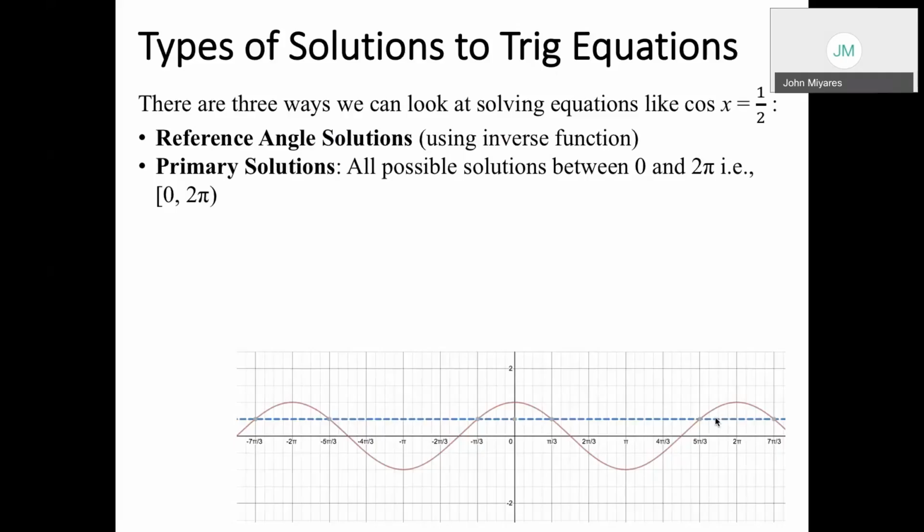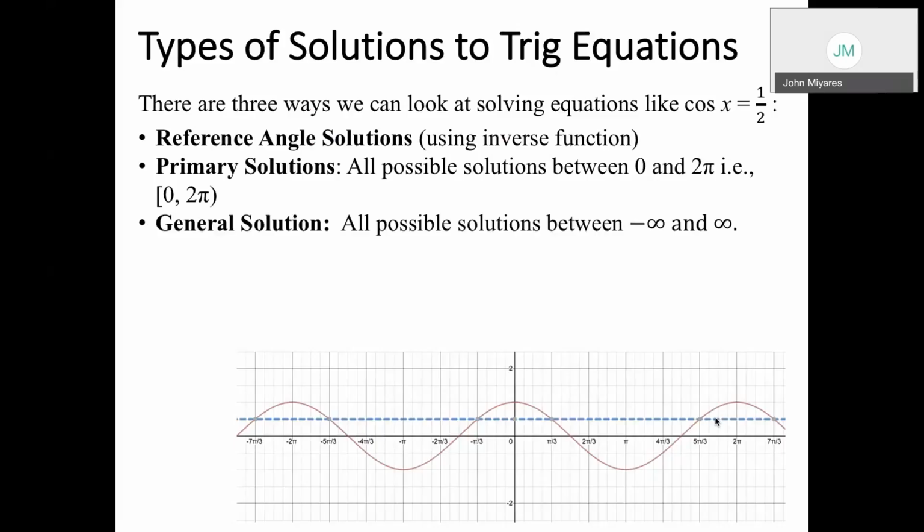The third way to look at this is to consider all possible solutions from negative infinity to positive infinity. We call these the general solutions, and there's going to be a pattern to these which isn't completely obvious because I haven't extended the graph here that far in both directions.